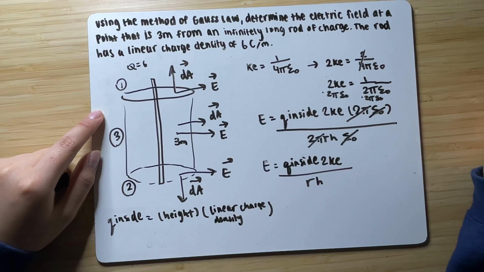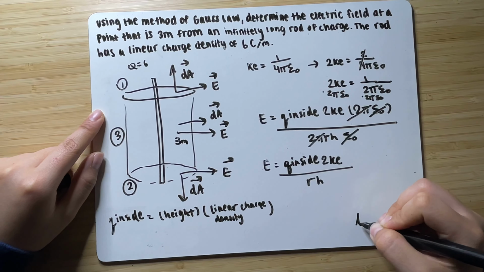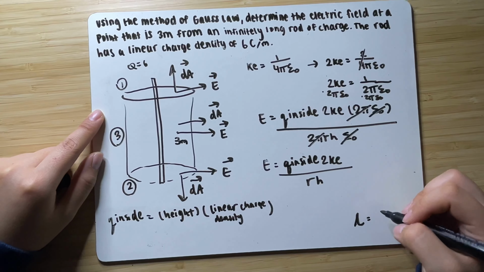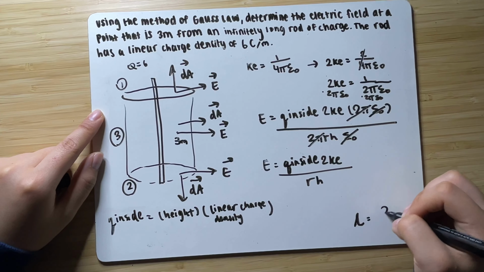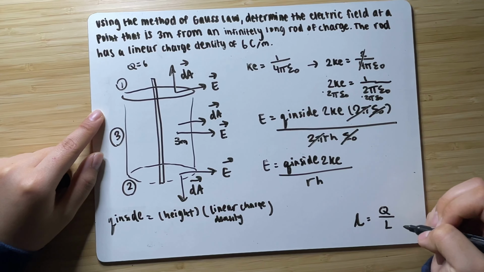And we need to recall the formula for linear charge density. The formula for linear charge density is going to be lambda equal to Q charge over L, which is the length.